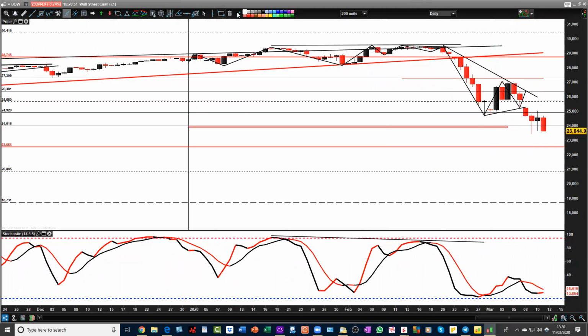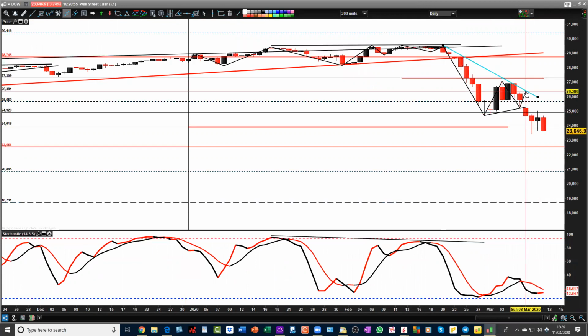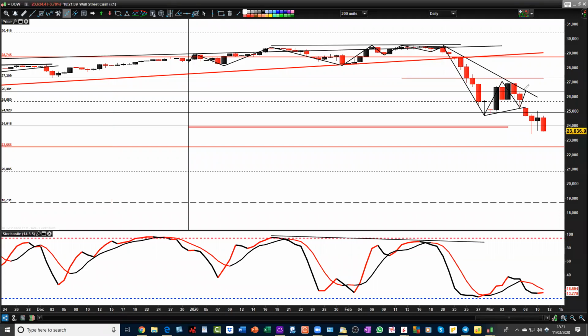So this week, I was looking for, crazy me, but I thought we might even come and touch 26,400 this week, which was the place I was looking to get short, but we didn't do that. Looking for the weekend, I realised this was a short covering bounce, not a potential reversal. In fact, we closed by the 50%.